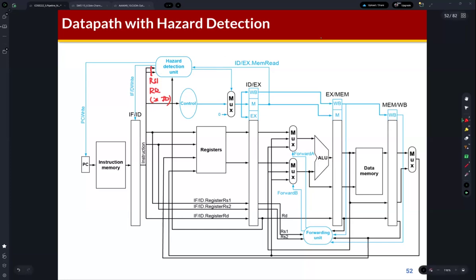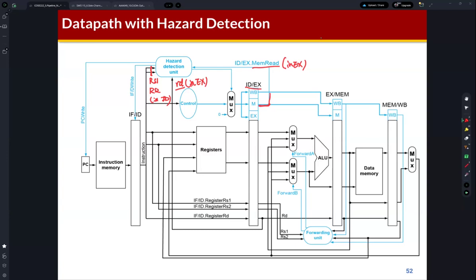You can find the mem read signal, which is in the EX stage, so this control signal comes from the ID/EX pipeline register. And also we need to check RD, which is in the EX stage. By doing this, we can check the load use data hazard, right?